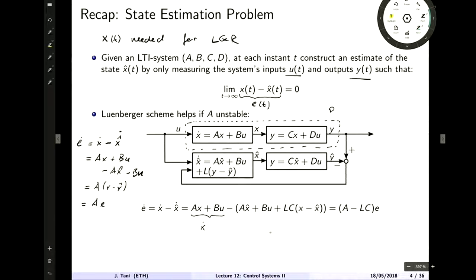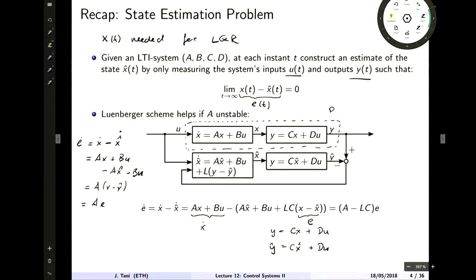Well, y would be Cx plus Du, and y hat would be C x hat plus Du. So the feed-through term with Du cancels, and we have plus LC times x minus x hat. We see that this is actually, again, the error. U cancels, and so we have minus LCe.